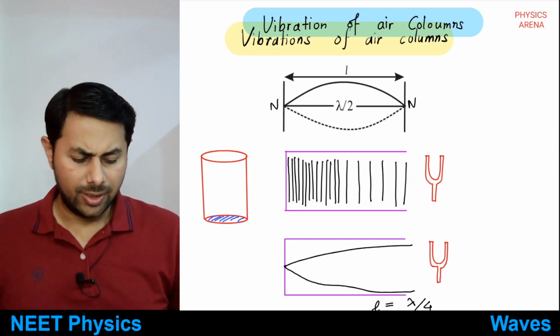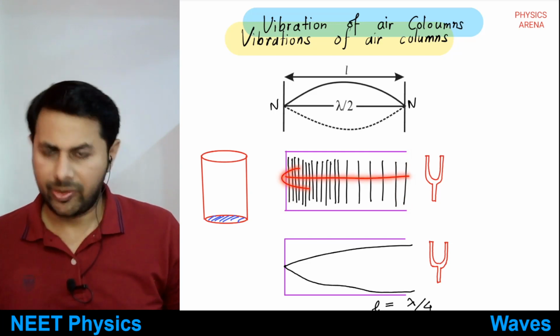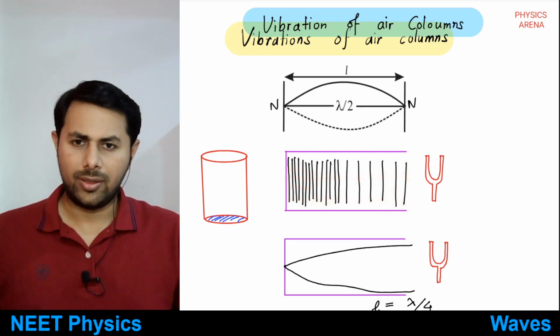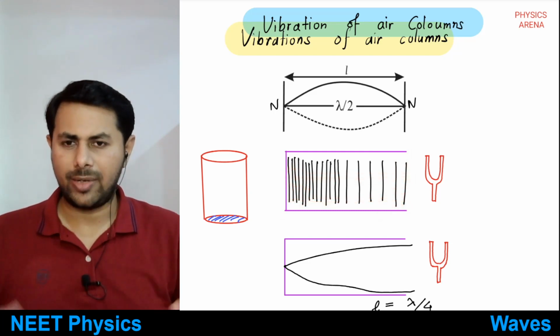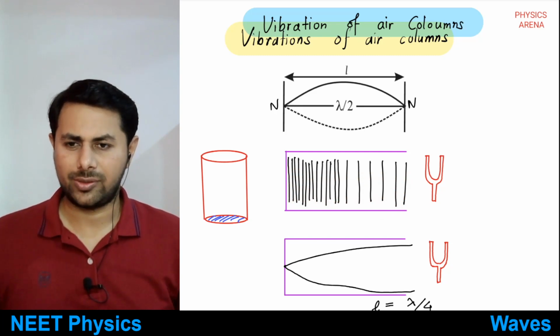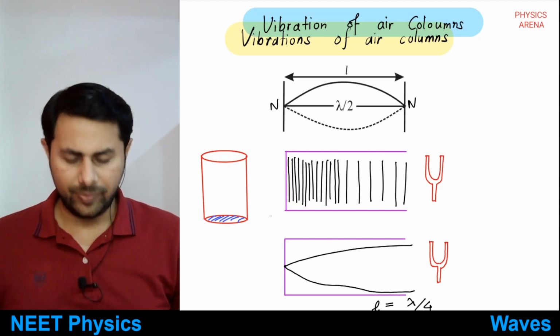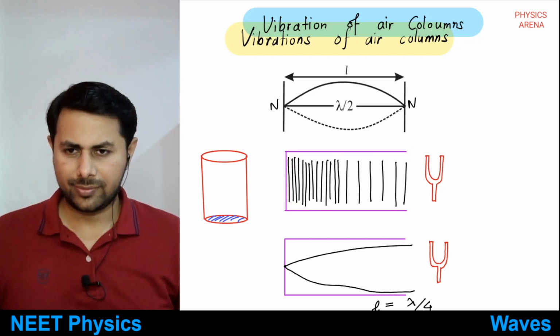Here there is an incoming wave and a wave gets reflected. So the superimposition of incoming and reflected waves forms stationary waves in the pipe.